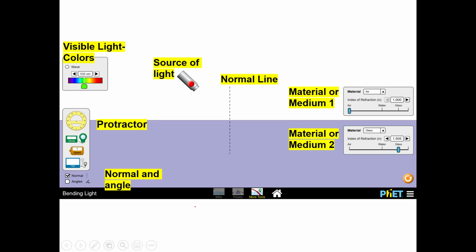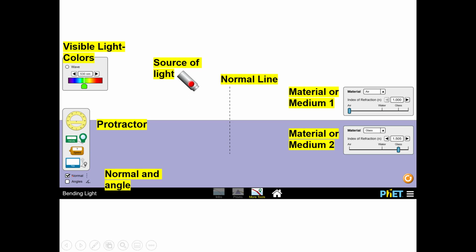This is just to show what you will find when you start the experiment. You will see something like that. For material 1 we will choose air. For material 2, not glass, we will choose unknown material, I think it's called mystery material A. In the procedure I explain step by step.